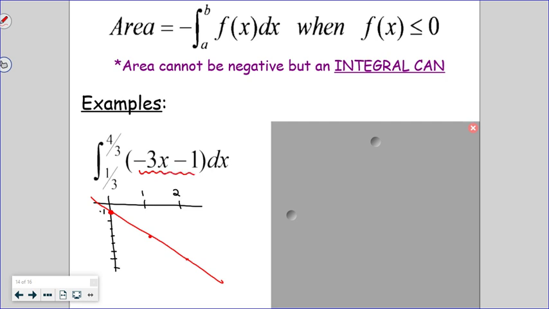And I'm supposed to be finding the area between that and our x-axis from 1/3, which would be approximately right here, to 4/3, which would be approximately right there, right? Highlighting that for myself and asking, what shape am I looking at? This we've seen already this week. What shape is that? A trapezoid, okay?